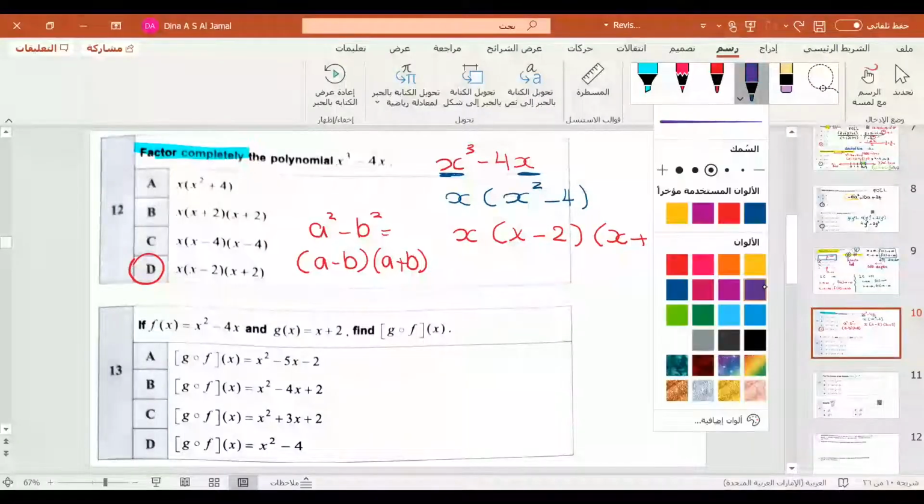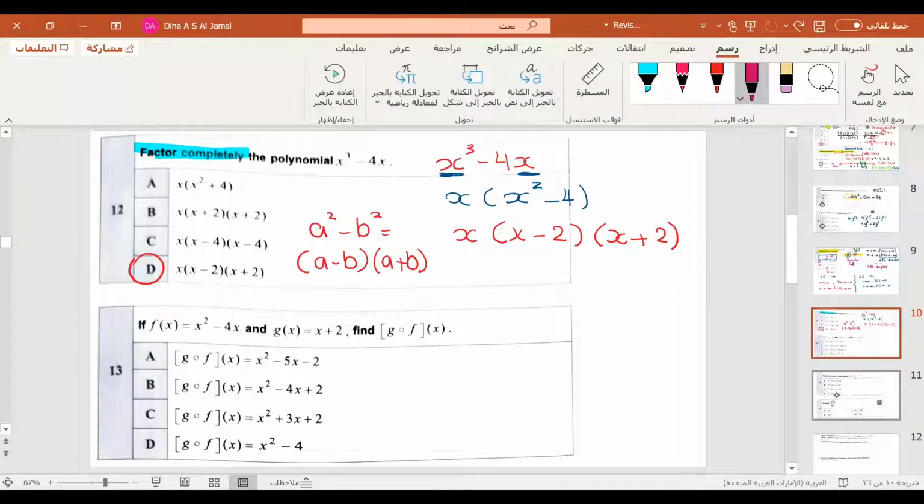Now, your question 13. You are having f of x, x squared minus 4x, and g of x, x plus 2. He would like you to find g after f of x, g of f of x. So how can I read this? g of x after f of x, or f of x before g of x.